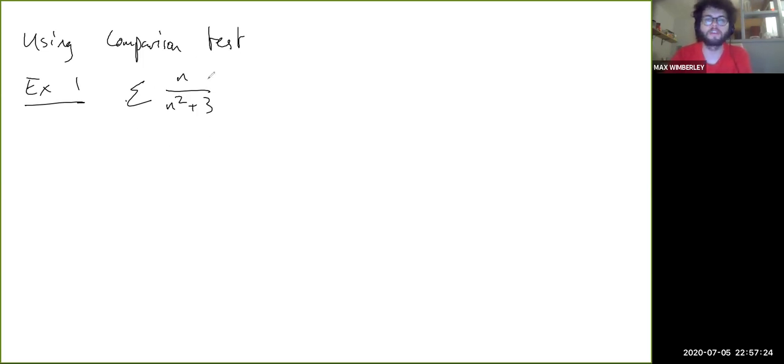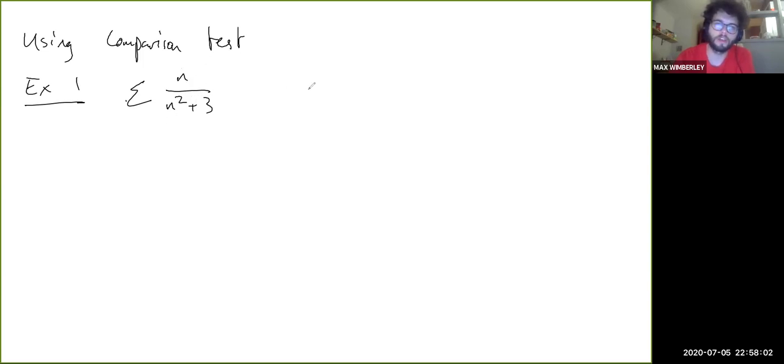But when I look at a series like this, in my own head, I see on the top an expression which is literally just n, but in slightly more general language, an expression whose dominant behavior is in proportion to n itself. Whereas on the bottom, we have an expression whose dominant behavior is governed by n squared. So this is a quadratic expression in n, and this is a linear expression in n.